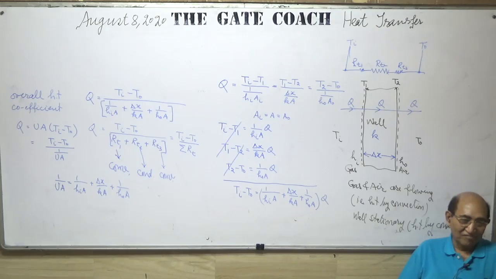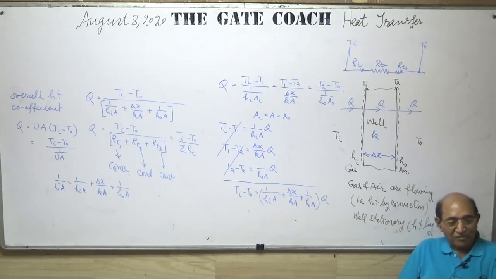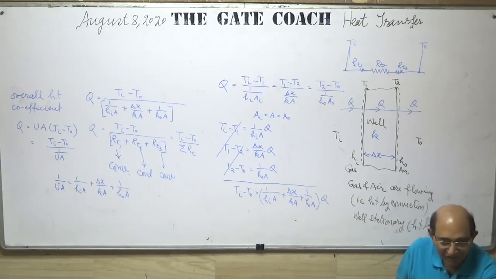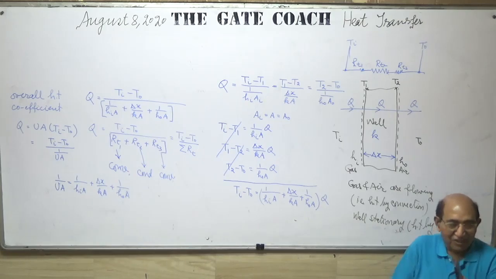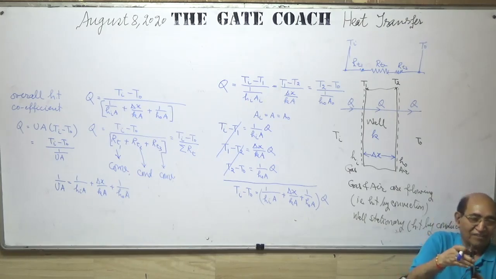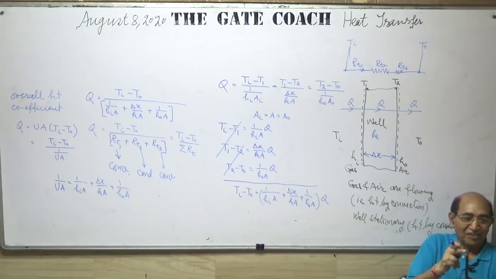Sir, we have written that Ai is equal to A is equal to Ao. How is it possible? If this was a wall, what is Ai? This area. What is A? Area because of conduction. What is Ao?